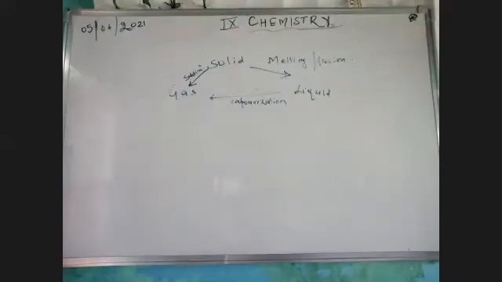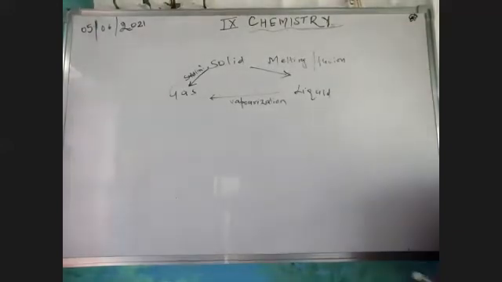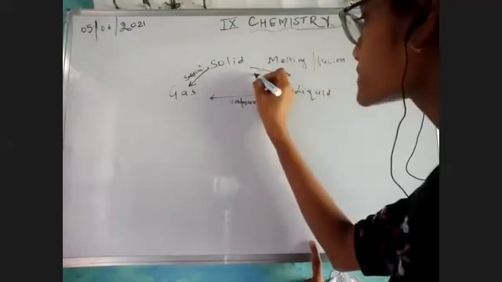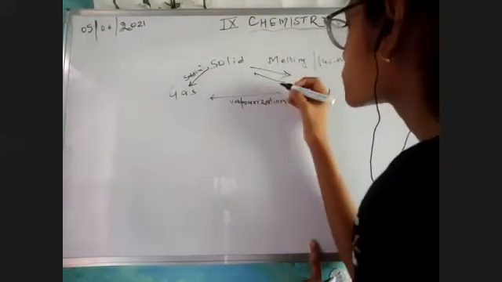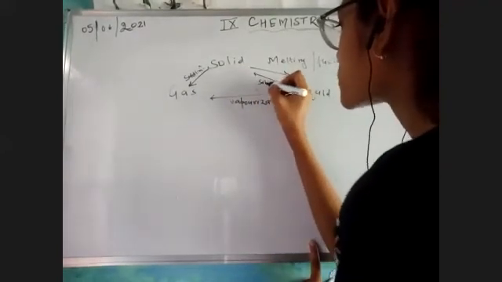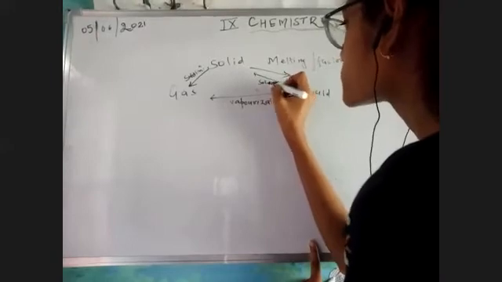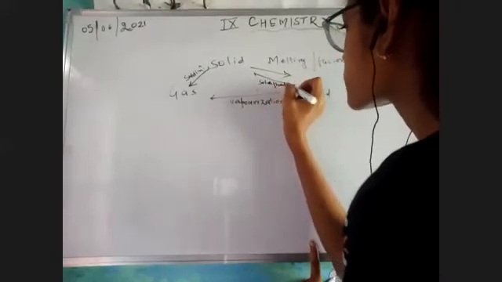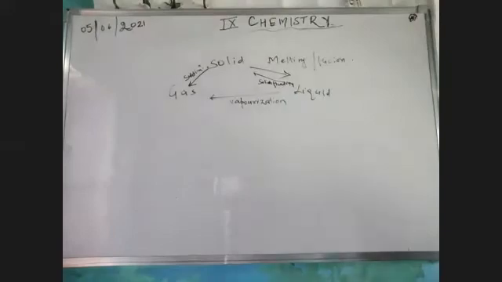We have just seen that either by changing the temperature or pressure, we can easily convert one form to another form. Okay, so the process in which my solid is converting to liquid is known as melting, but if my liquid is converting to solid, that is known to be solidification. Clear?